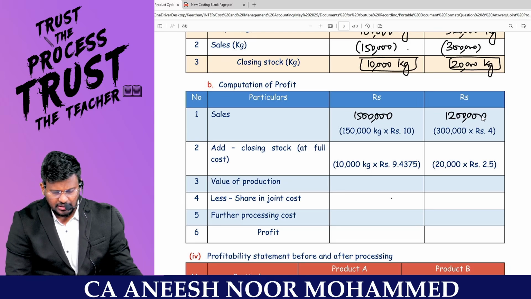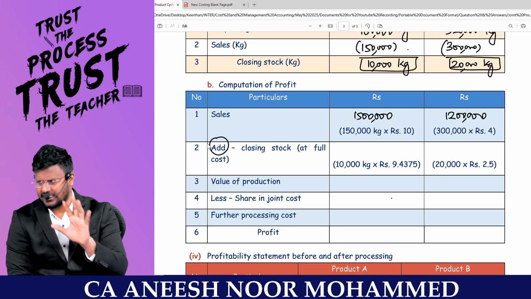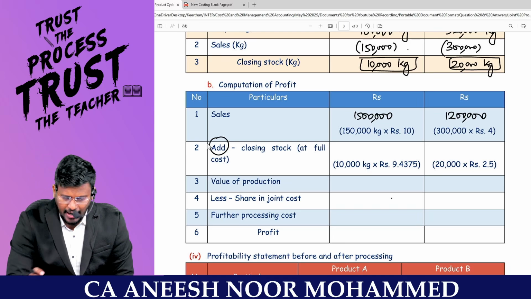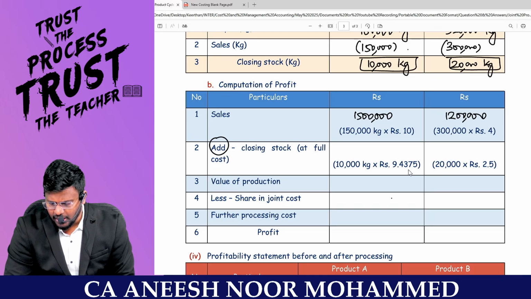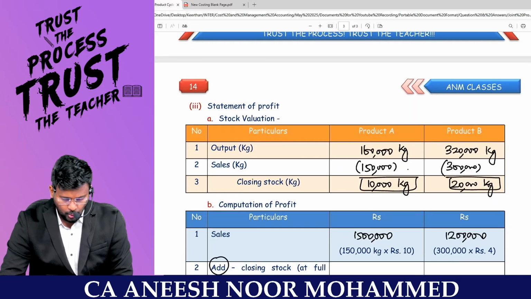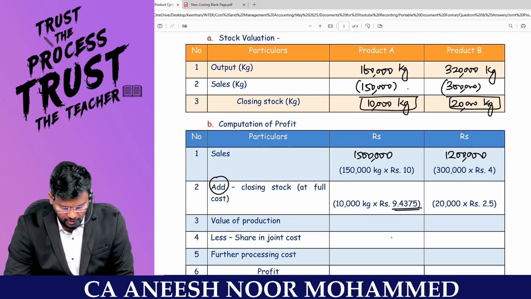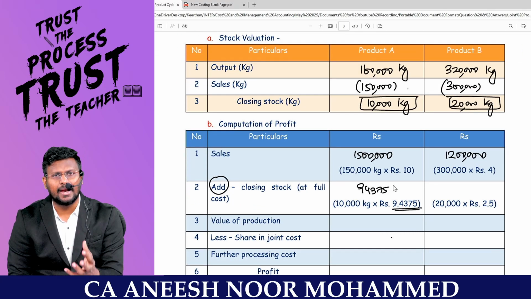To this sale, I have to add the closing stock, which is same like my trading account. I know I am having 10,000 kg. Just now I found out every kg will be valued at 9.4375. So 10,000 into 9.4375, 94,375 rupees is the value of closing stock.